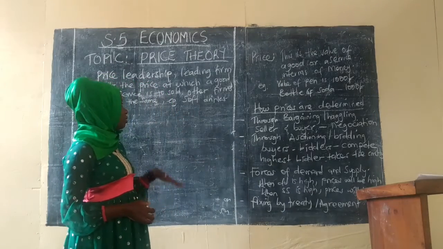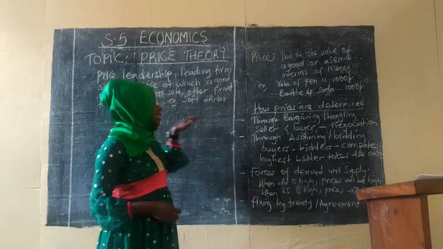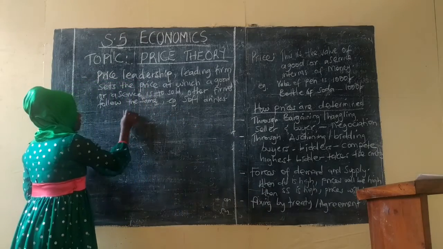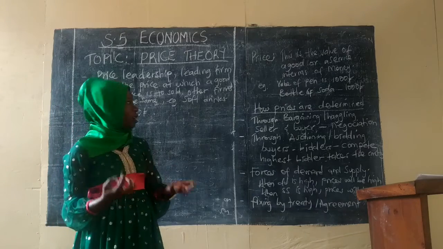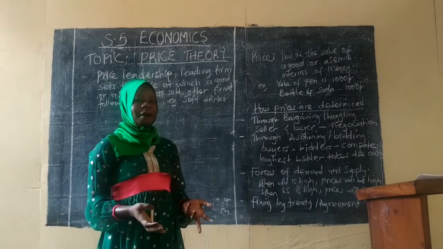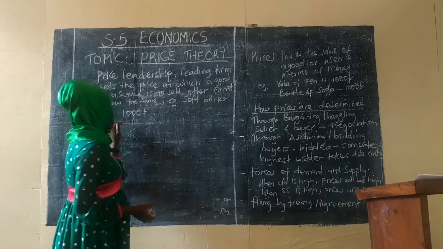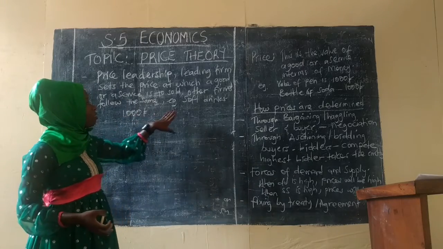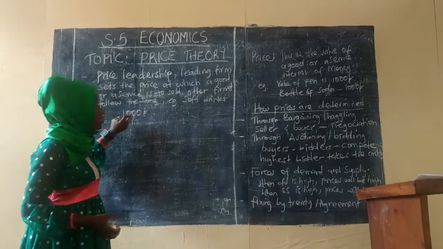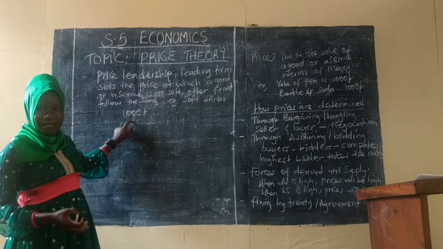You realize that because these leading firms are selling at 1,000 for a soft drink, then if I am a new firm, an upcoming firm, an infant firm, and I'm also producing a soft drink, I'll have to sell at the same price.